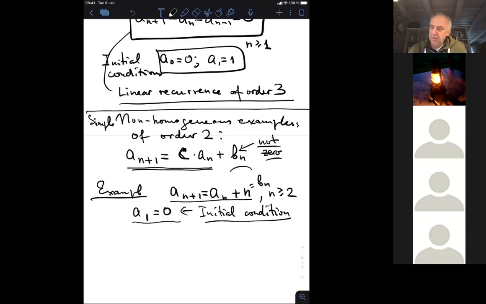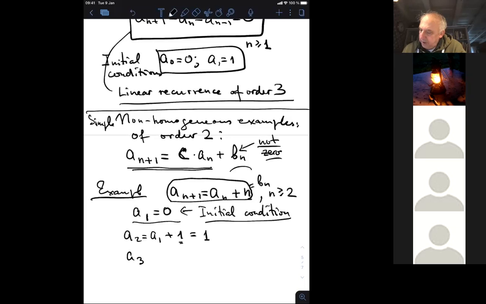So let's calculate some further terms. If a1 is 0, then a2 equals a1 plus 1, which is 1. So yes, n equals 1 here. Look at our recurrence, a n plus 1 equals a n plus n.